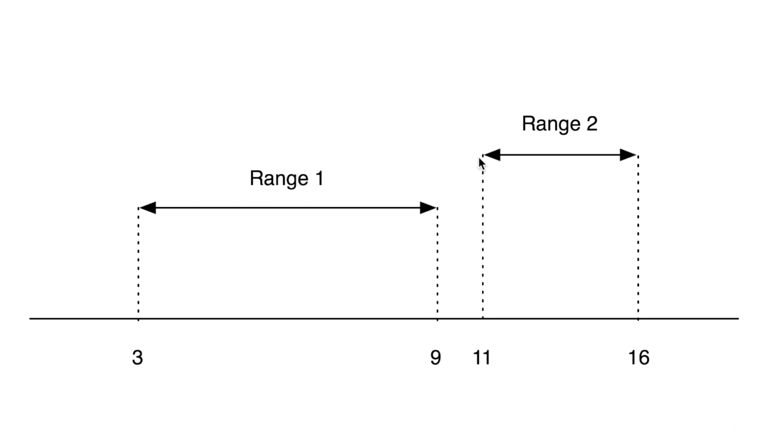These are just arbitrary values I've used to help me visualize the problem. So here we can say that range 1's begin is less than range 2. Now the only way that these two ranges in this case will intersect is if range 1's end here at 9 is more than range 2's begin here at 11.